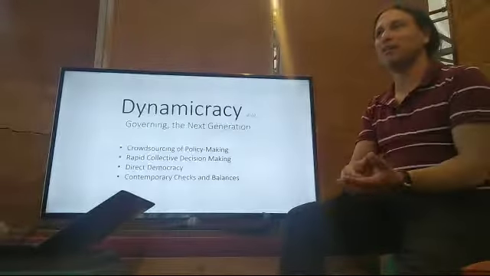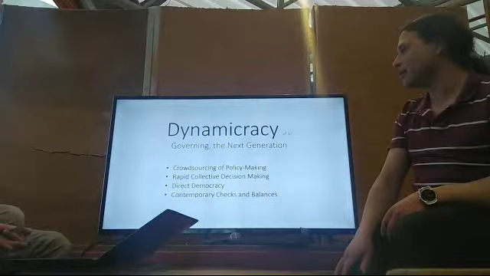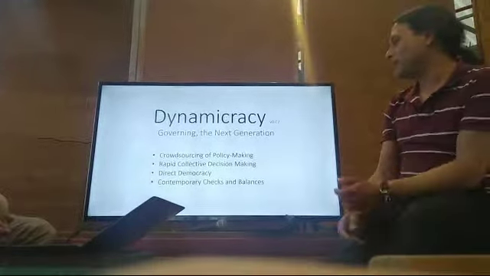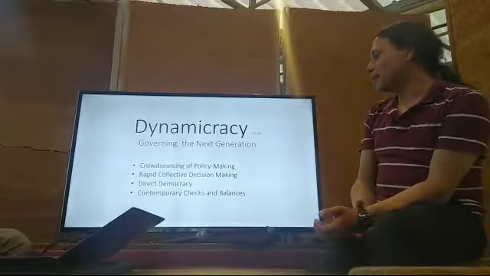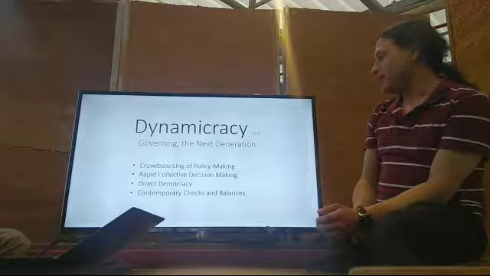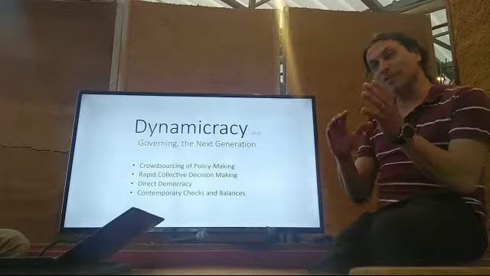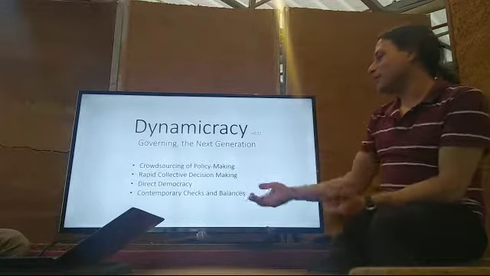People have the ability to all the time affect the decision making. So that would actually be a crowdsourcing of policy making, and it would allow rapid collective decision making. It would allow direct democracy, and it would have a contemporary checks and balances.